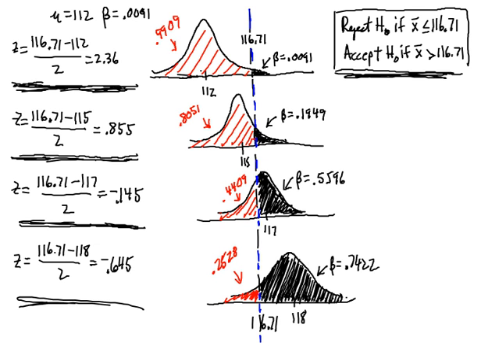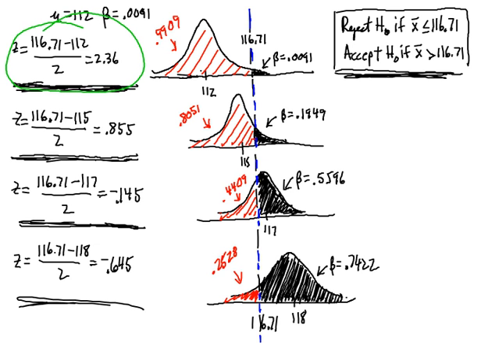Now, if I look at all this in my little analysis here, investigating different values of the population average under the type 2 analysis, I see that the sample of size 36 is really going to be powerful for population averages down as low as 112.